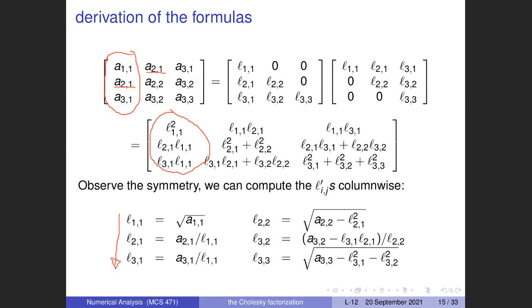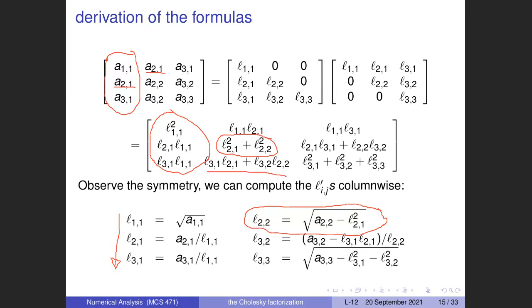The second column is then solved similarly. We actually start from the diagonal, so we solve for L22. We already know L2,1, computed already, and we also know the given A2,2. Then we continue.